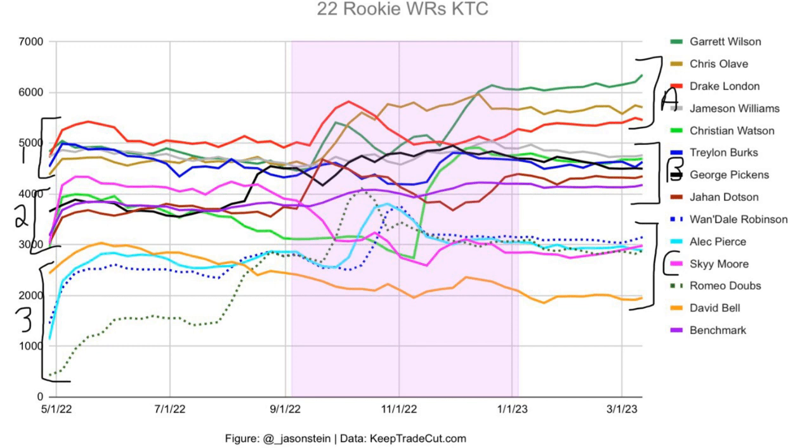The fall was tough. It's not a Skyy Moore fall, but it is a tough fall to the point where he's not costing very much at all from a KTC basis. So that's it. It's pretty interesting stuff. I know you can go to the KTC site and look at all these charts.